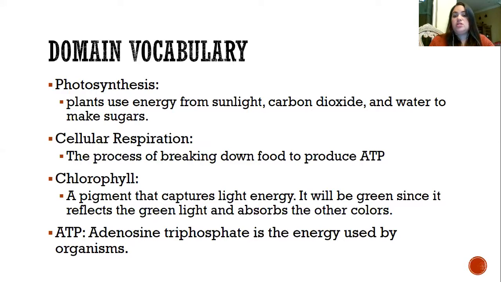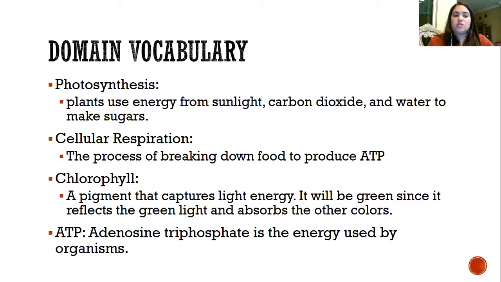That is the energy that our bodies use to power the cells and do what we need from day to day. Cellular respiration creates a lot of this ATP in the mitochondria, the powerhouse of the cell.